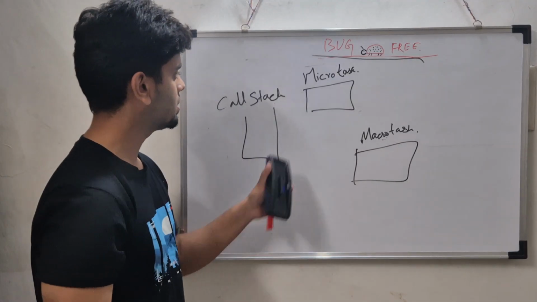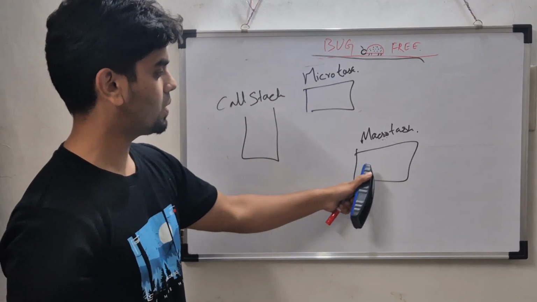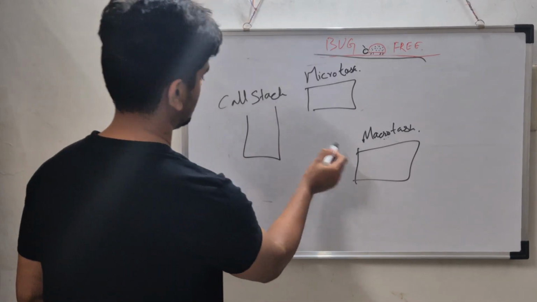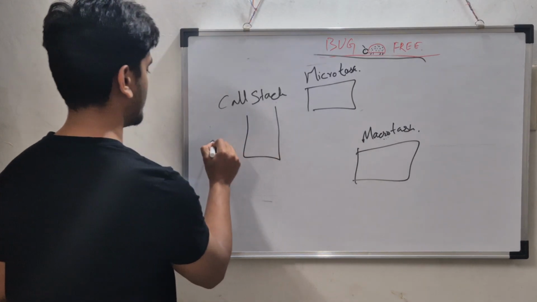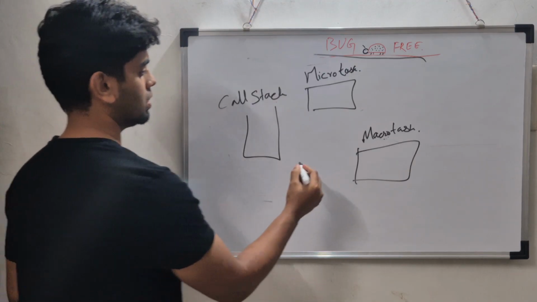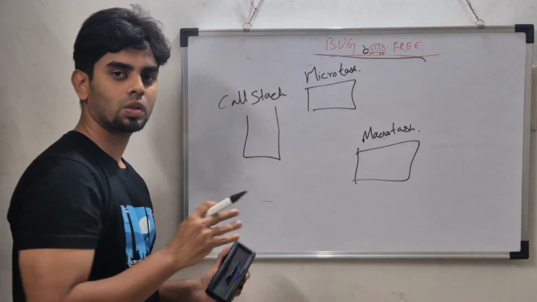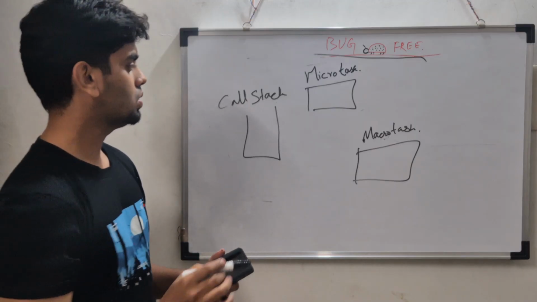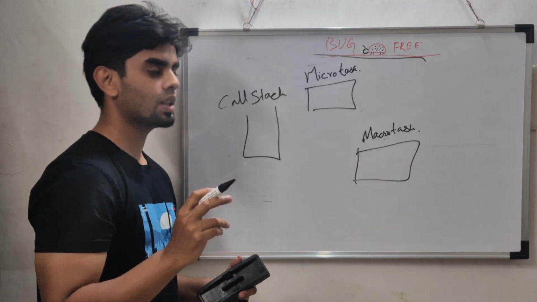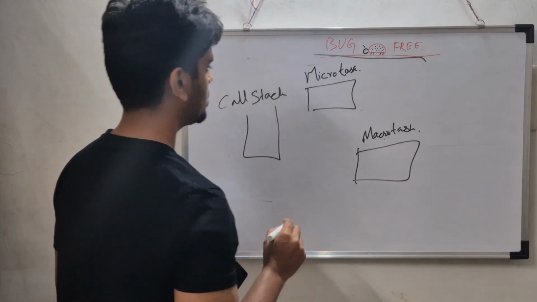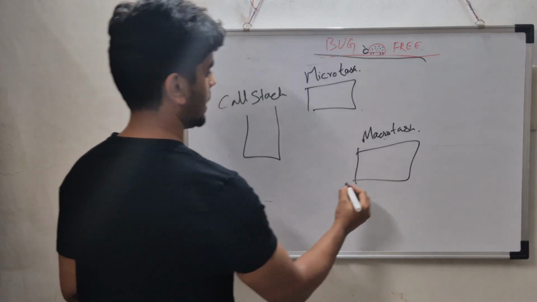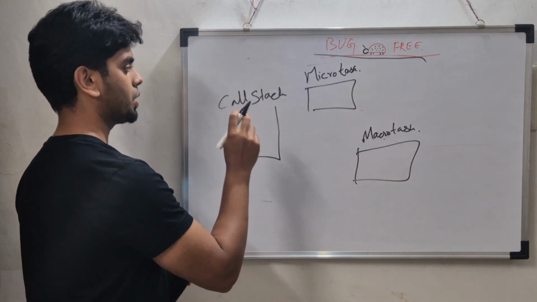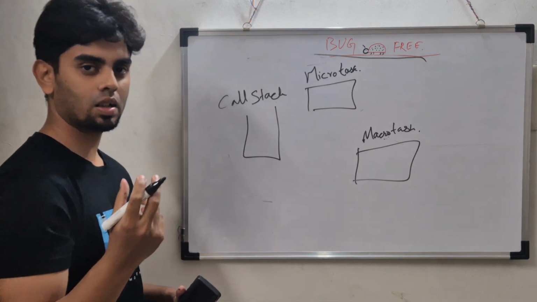This is our call stack, this is our micro task, and this is our macro task. As we said, whatever code comes to the call stack gets executed in a second. To handle asynchronous functions, we have promises, async, await and all. So how are these promises and async handled? Those codes get pushed to the macro task.